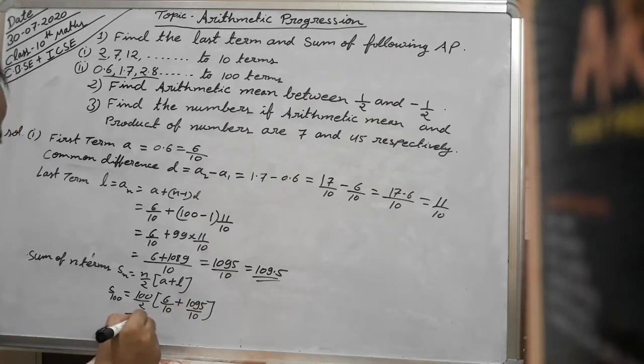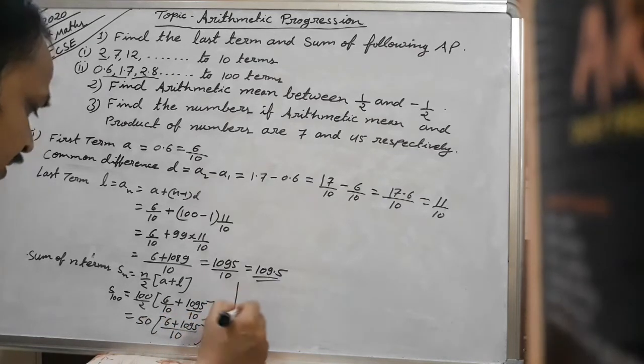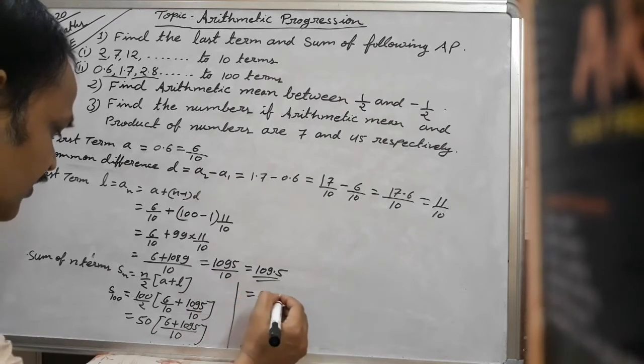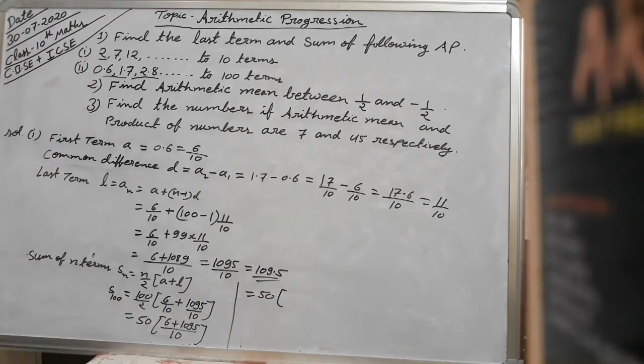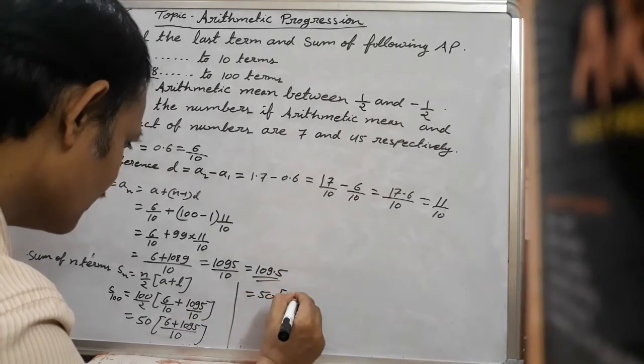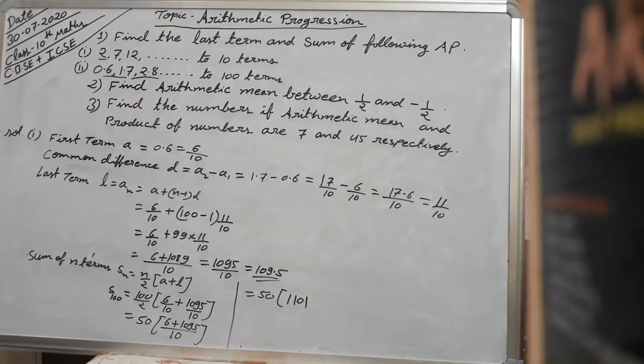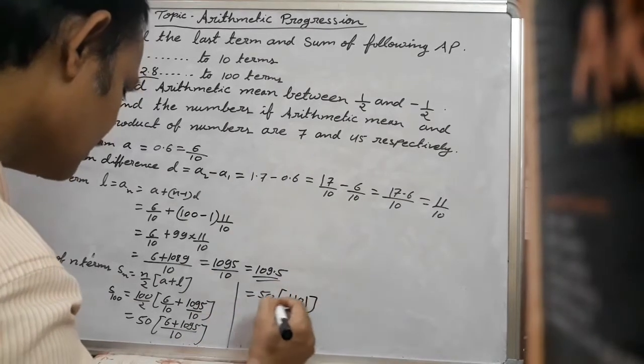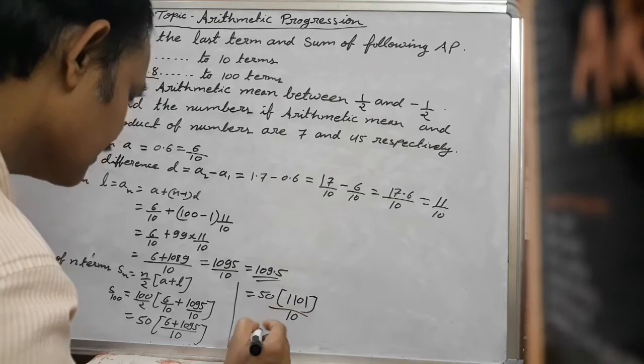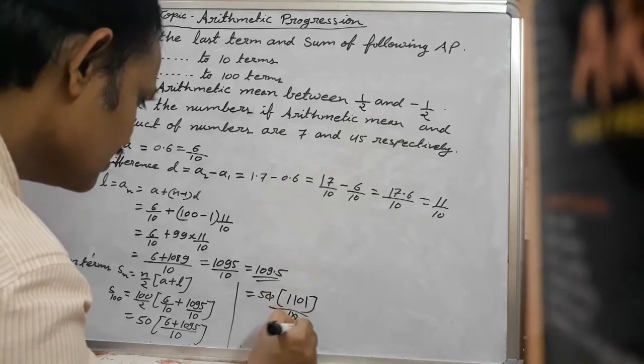Here 50, and 10 is taken common. 6 plus 1095, what will you get? 1101. Then 50 into 1101 whole divided by 10, the zeros cancel.